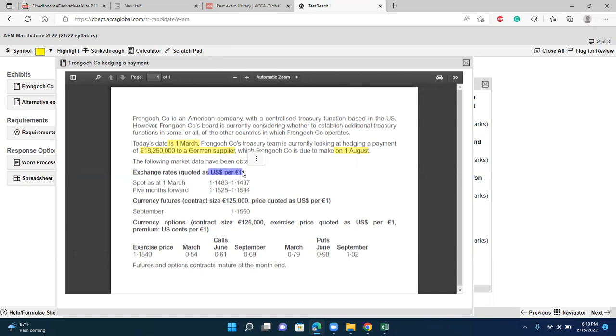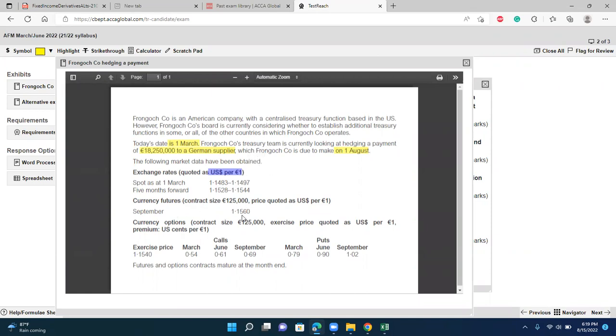In case of payment, come on, higher rate. In case of payment, we have to multiply with the higher rate. Multiply with the higher, now.